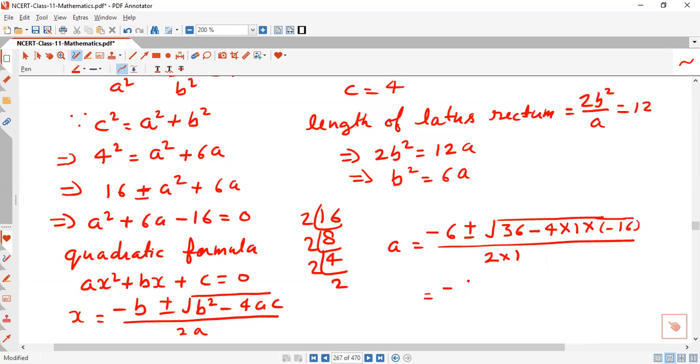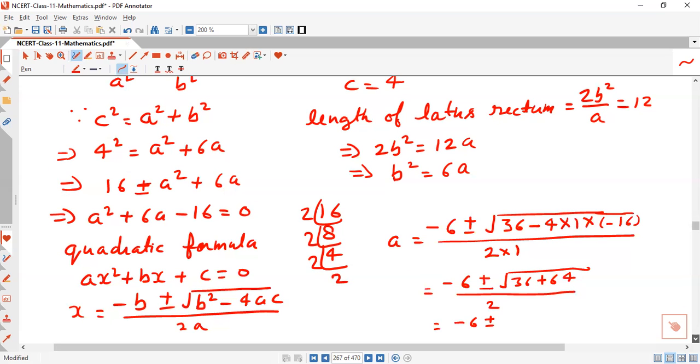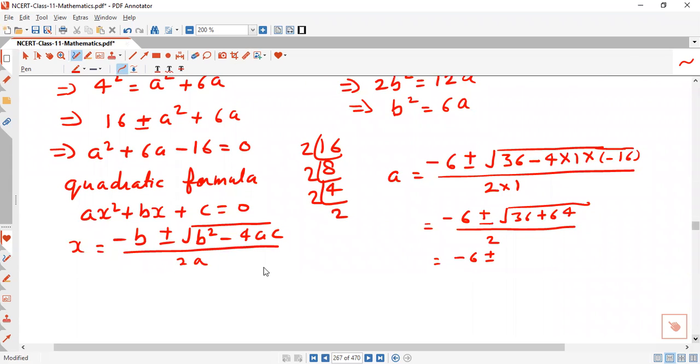So it comes out minus 6 plus minus under square root 36 plus 64, which is 100, upon 2. So it comes out minus 6 plus minus 10 upon 2.